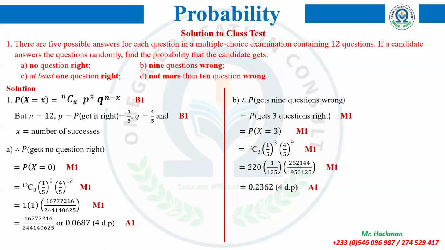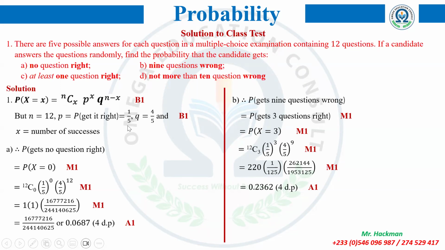That will give you your probability of success. In this case, my probability of success, which is getting it right, I've told you always define your success, would be 1 over 5. Then if your small p is 1 over 5, your small q, which is the probability of failure, would be equal to 1 minus small p, which will be what?